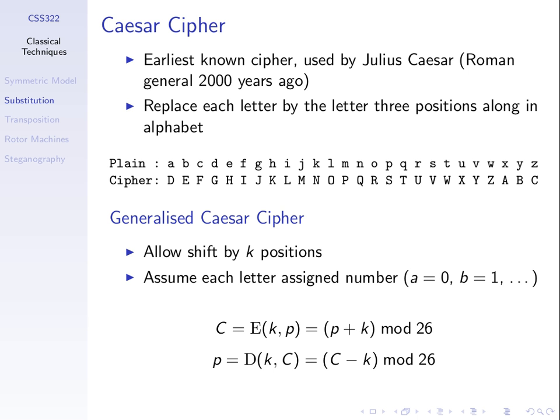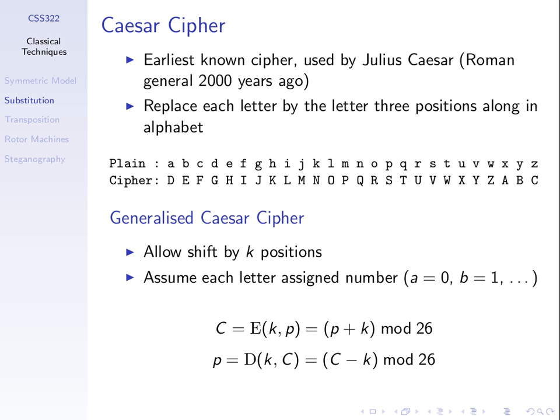That's our first cipher, the generalized Caesar cipher, shift by k positions. Mathematically, we can express it like this. If we map the letters to numbers, A is 0, B is 1, Z is 25, then the encryption is this equation.